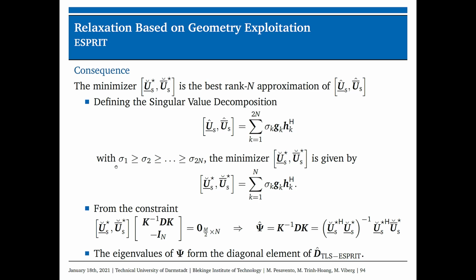Assuming that the singular values are arranged in non-increasing order, the best rank n approximation is given by the sum of the principal n rank 1 components as given over here.